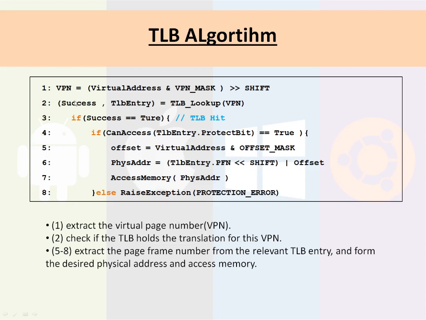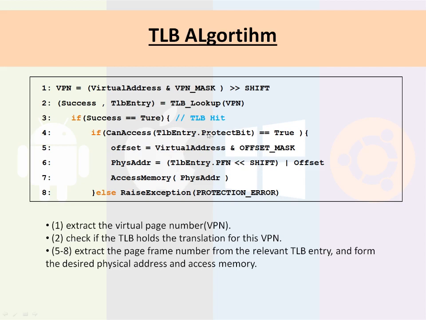If there's a success, then we can get the physical address from that translation look-aside buffer entry. So if success is true, we have the hit, and then we can go along the process of accessing the physical memory.